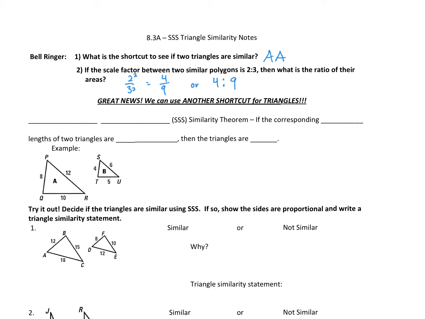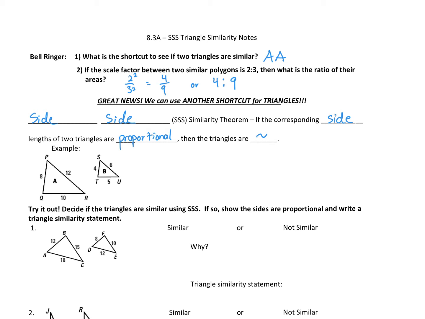So our side-side-side similarity theorem: if the corresponding side lengths of two triangles are proportional, then the triangles are similar.